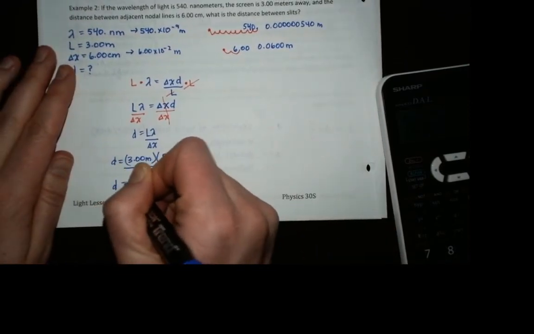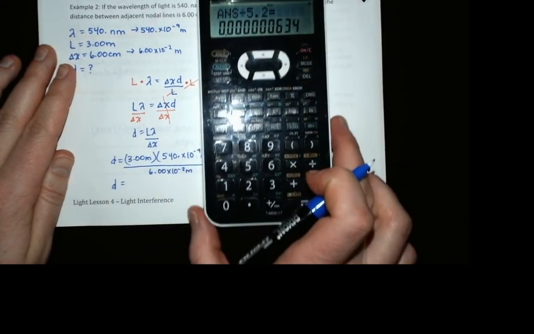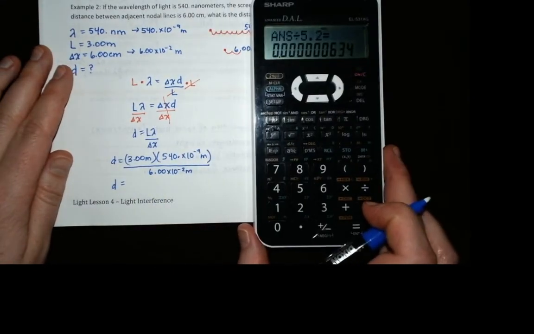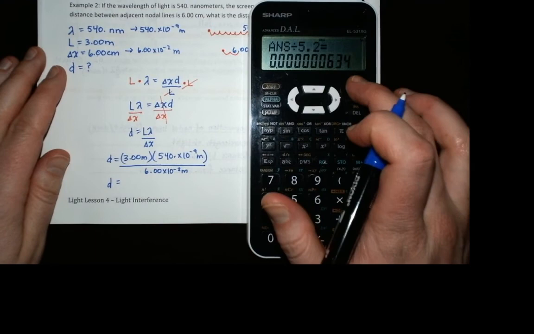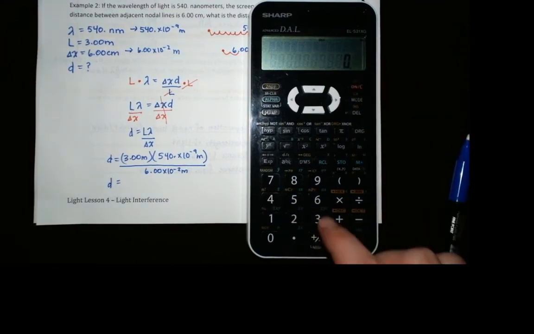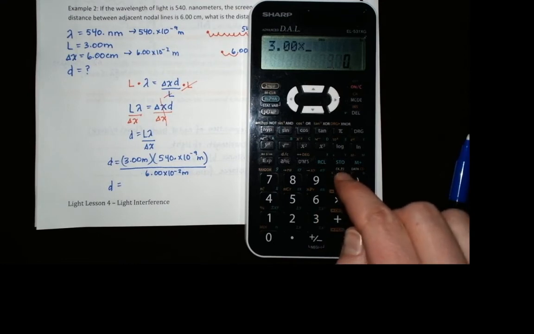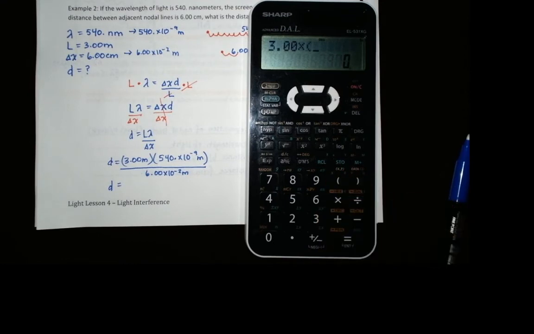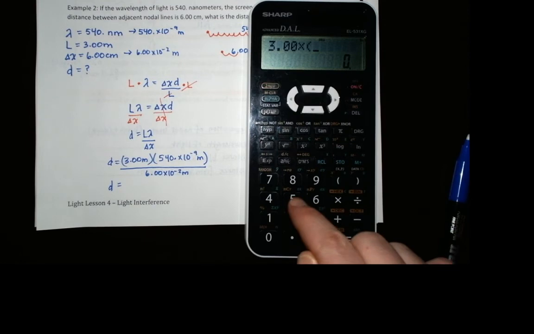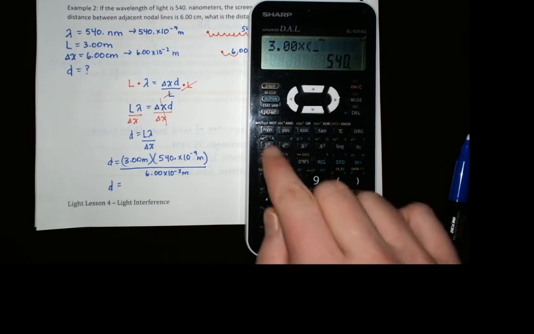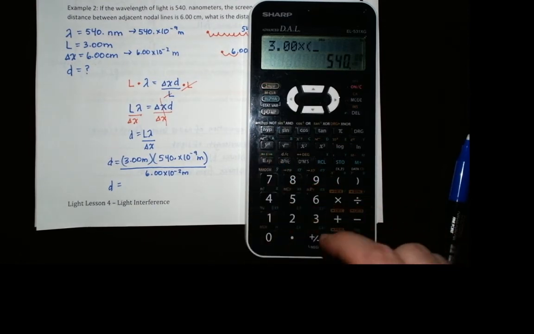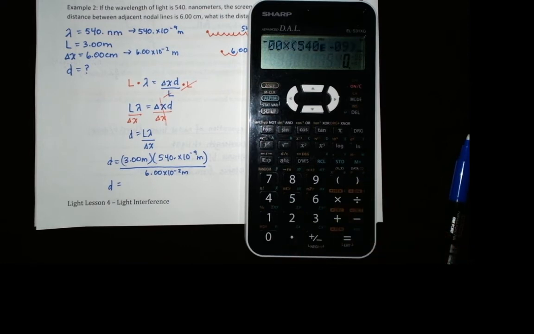Now, when we go to punch this into the calculator, I'll try to get the whole calculator in here, but not in the glare. Again, I'm going to punch it in chunks. So 3 times, I like to put my exponents in brackets, you don't have to, 540 exponent negative 9, close the bracket. Let's figure out what that equals.